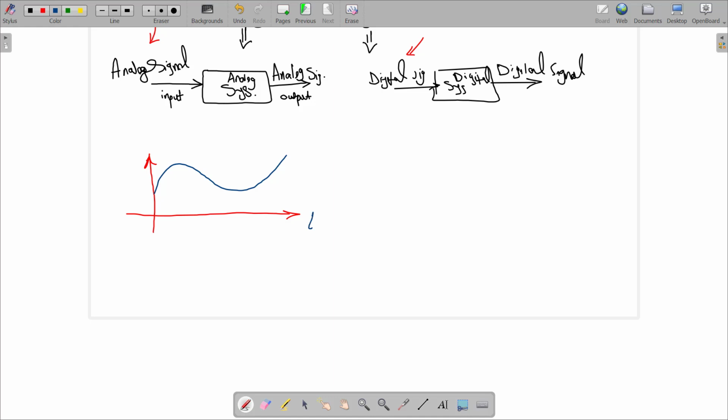Suppose that this is t, suppose that here is t1, here is t2, here is t3, and also here is y1, y2, and y3. It doesn't matter.